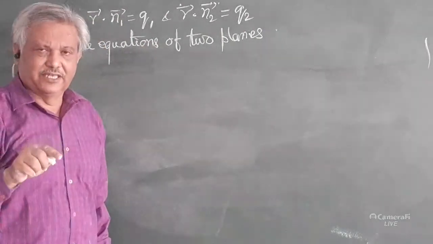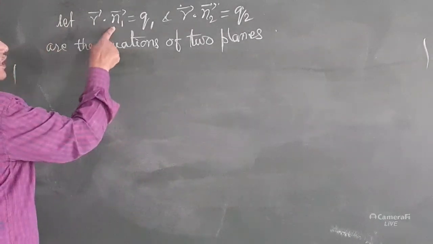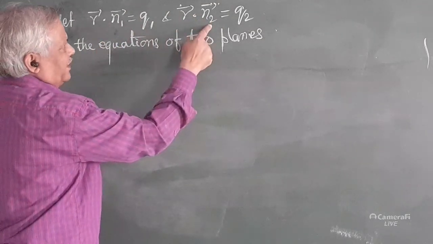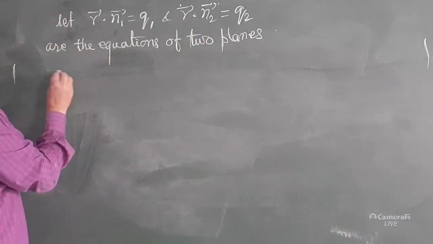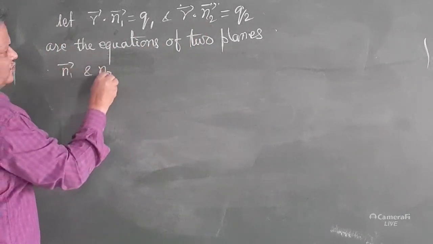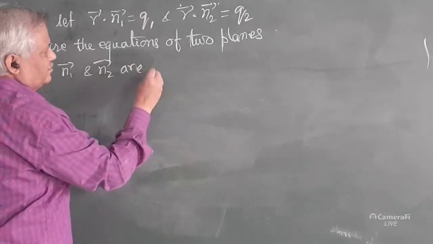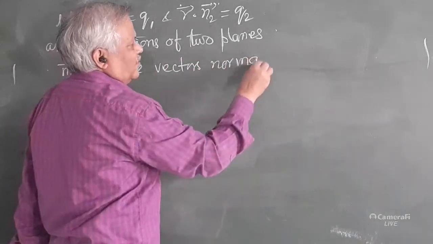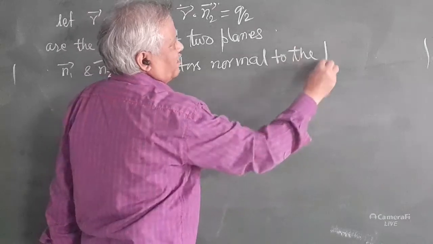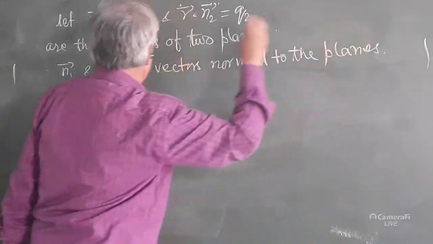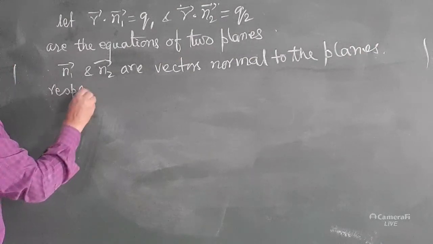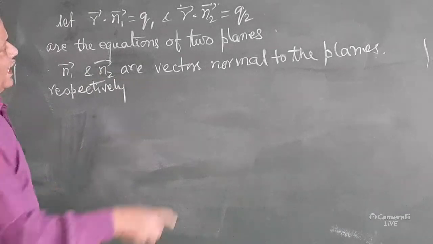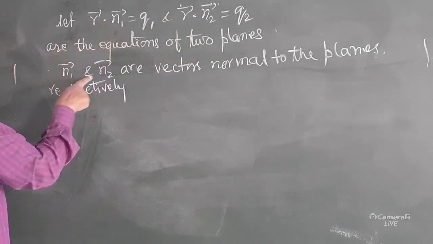Then the vectors normal to the planes are n1 and n2 respectively. So obviously, the angle between the planes will be the angle between their normals.